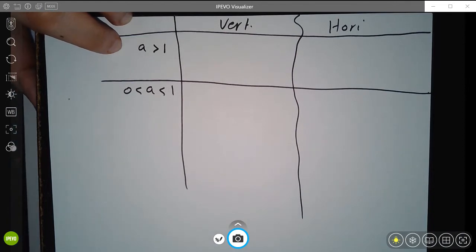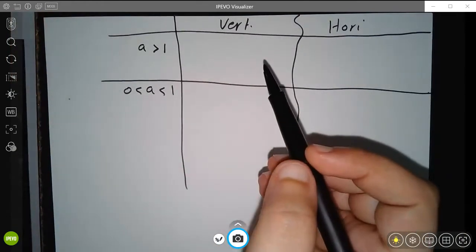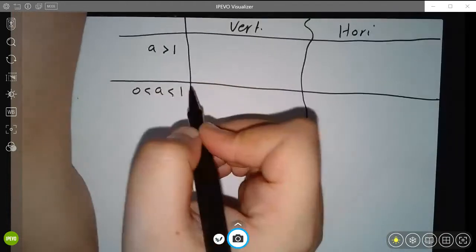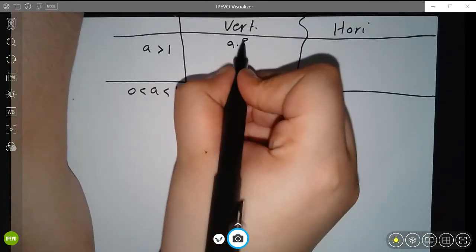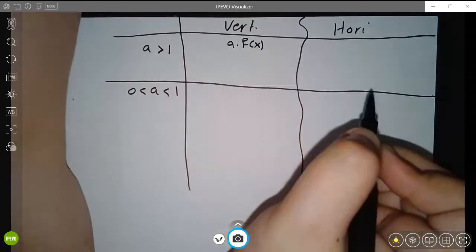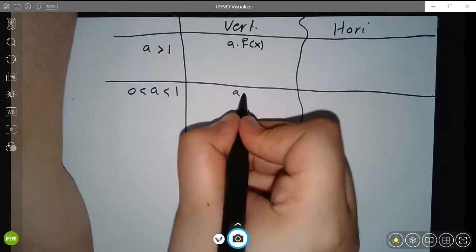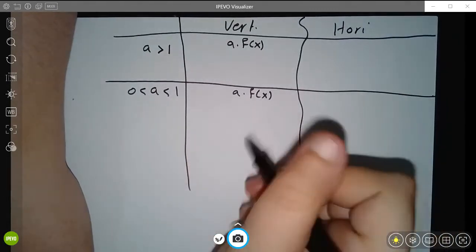Outside or inside? Vertical. It's outside. Yeah. So the A I'm going to multiply the function with is going to be right outside. Like that. Right outside. Like that. For both.